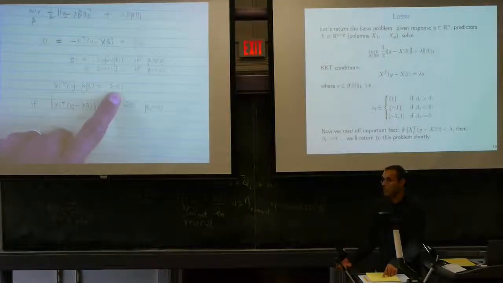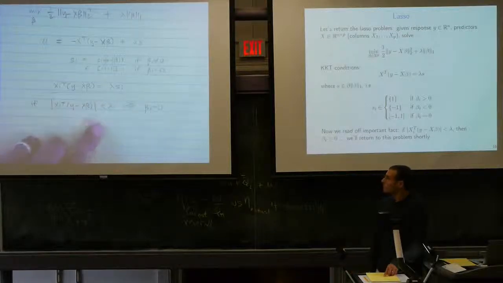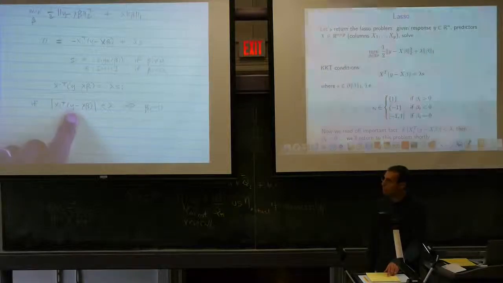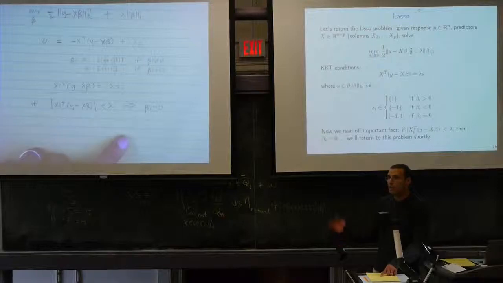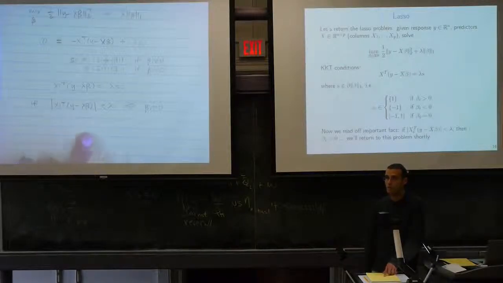That's only a subgradient when the ith component of beta is 0. So this tells us something like, if I think about x as having unit norm, if the correlation of the ith variable with the residual, y minus x beta, is less than lambda, that implies that it's not active at the solution. I'm just going to call it 0 at the solution. So this is telling us something about the 0 variables.